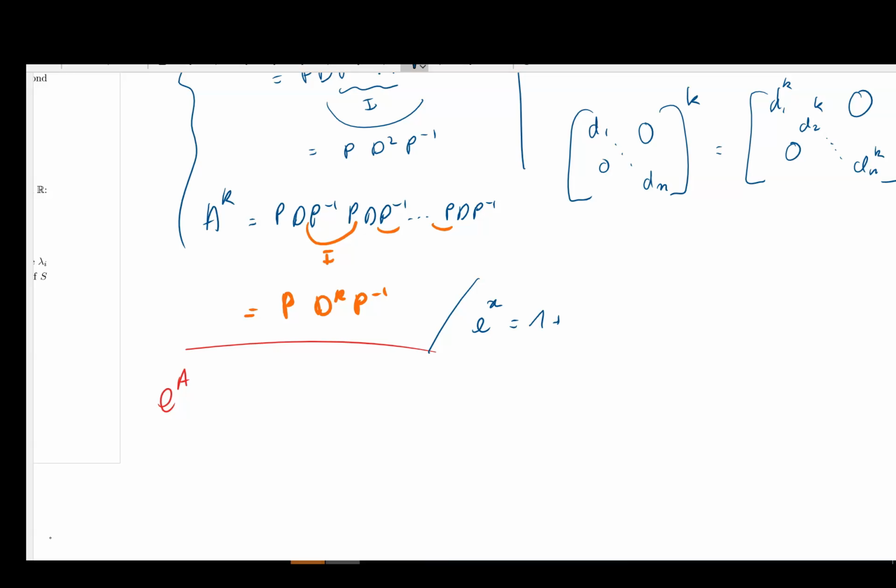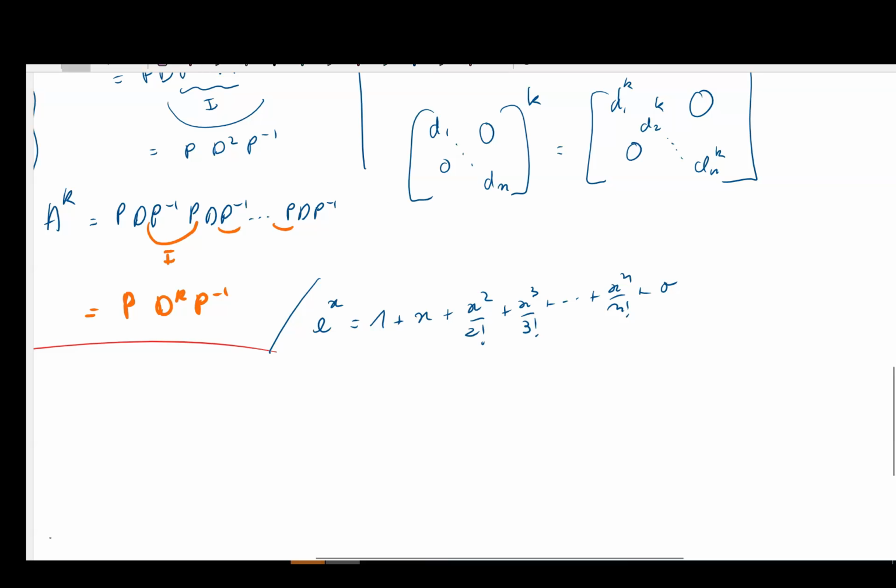If you remember, that's just 1 plus x plus x squared over 2 factorial plus x cubed over 3 factorial plus x to the n over n factorial plus some small o. The important idea was that this expansion was local because that was a small o of x to the n, all right? And so x had to be small or close to 0 in order for this to converge.